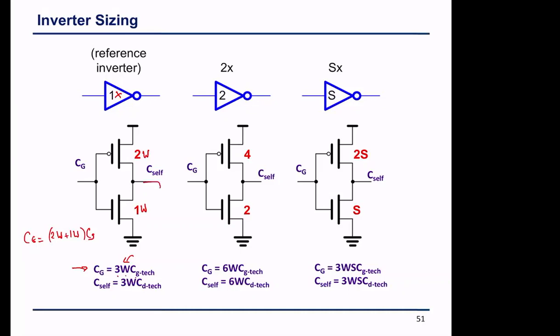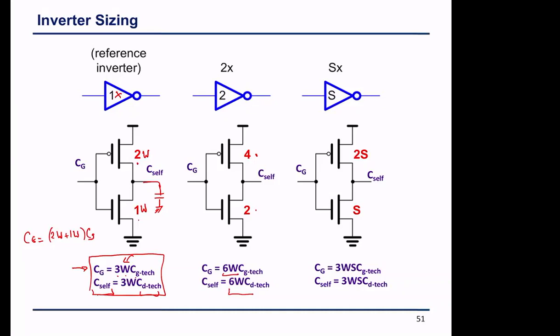And the same at the drain, at the output node: C self is going to be CD times 2W plus 1W, which is 3W CD. What if I size it twice? This becomes a 4 to 2 ratio. The capacitance is going to be double, so this becomes 6W CG and 6W CD.